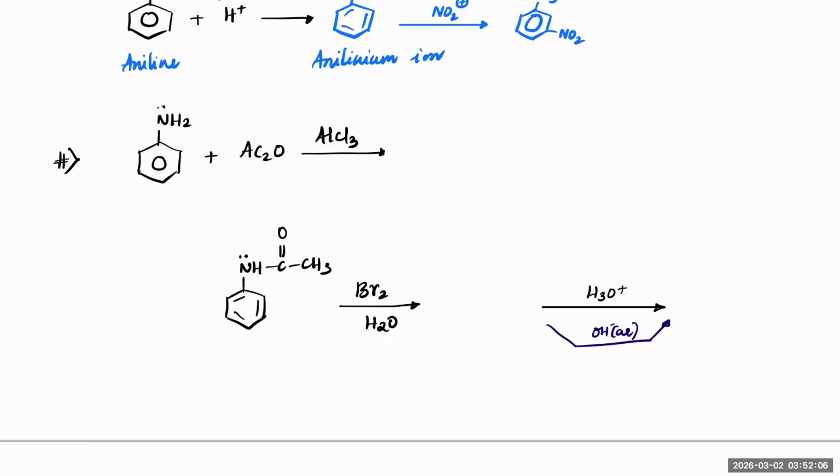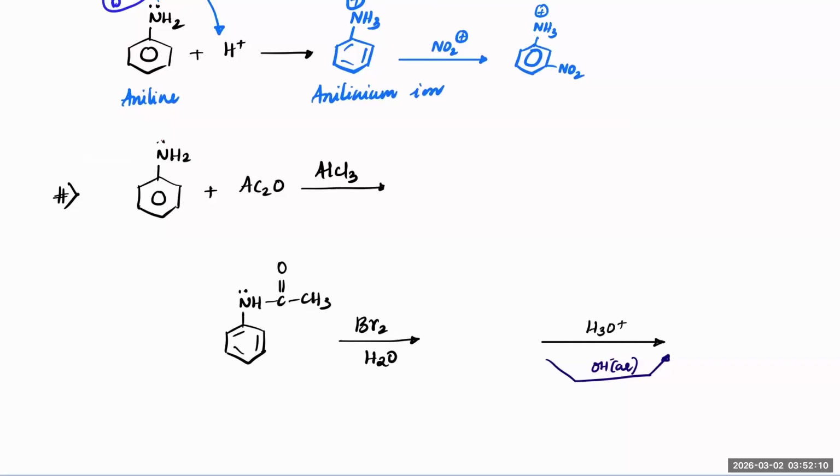If you take aniline and react that with anhydride, what would happen is the lone pair present on nitrogen itself will attack here to get NH C double bond O CH3. Correct? So we will have this as CH3 C double bond O C double bond O CH3.